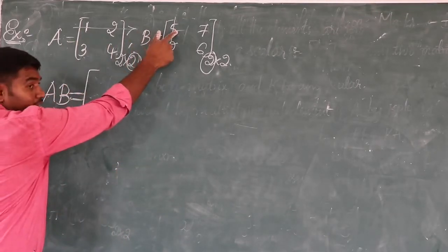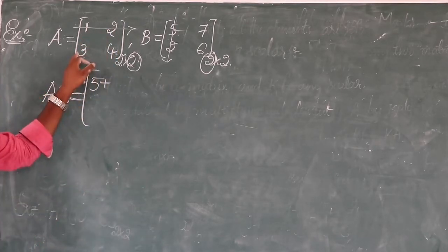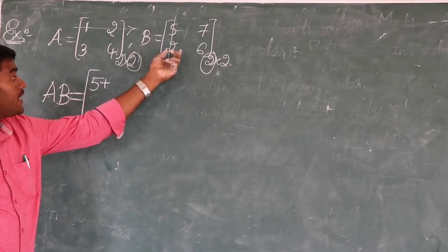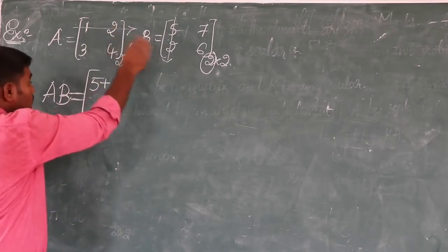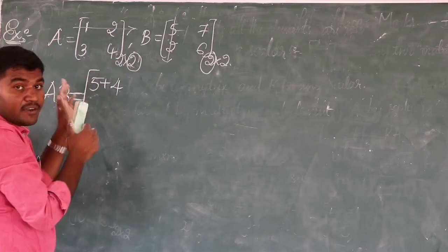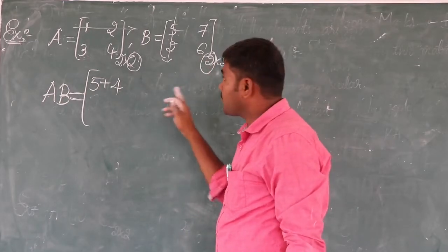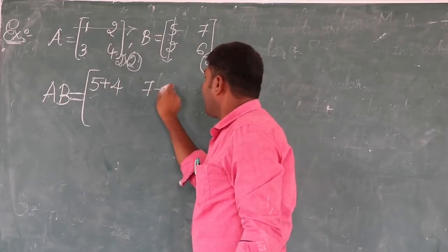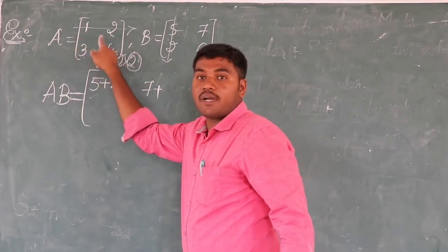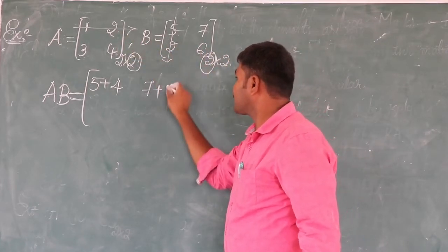So 1 into 5 plus first row second element of matrix A multiplied with first column second element of matrix B, that is 2 into 2. Similarly, first row of matrix A is multiplied with second column of matrix B, that is 1 into 7 plus, again, first row second element of matrix A multiplied with second column second element of matrix B, that is 2 into 6. Clear?